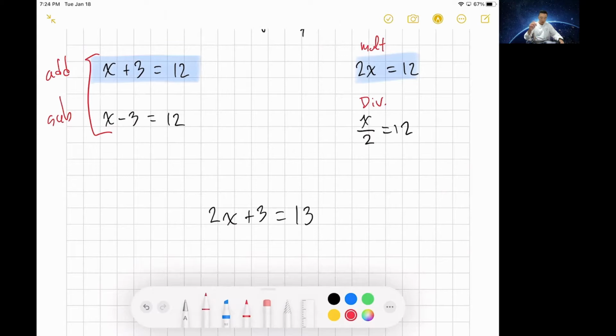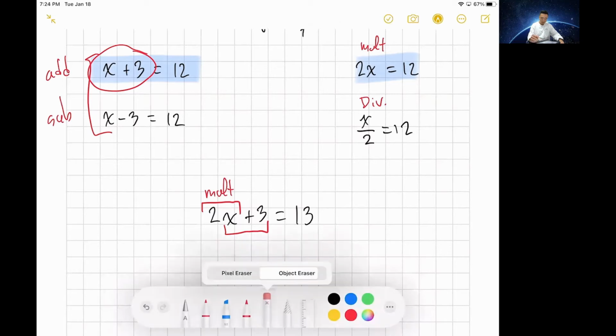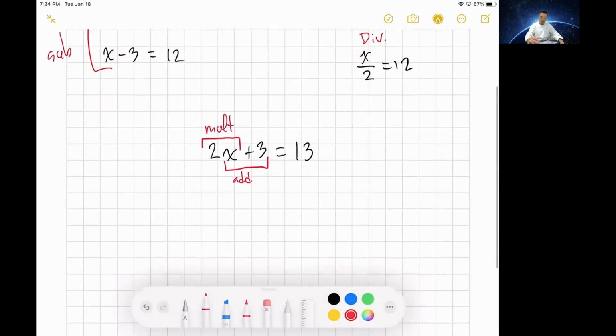So if you look at it carefully, you have a multiplication relationship here, right? Just like this one. And you have an addition relationship here, just like this one, okay? So in order to find out what x equals, you gotta cancel both of those relationships out, okay?